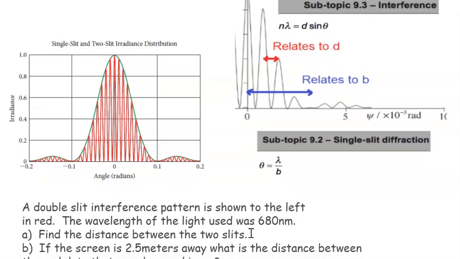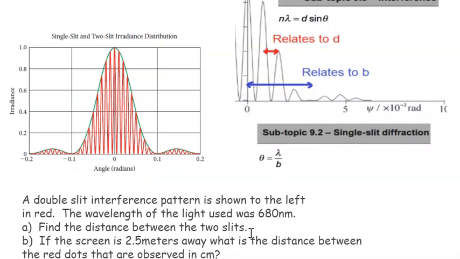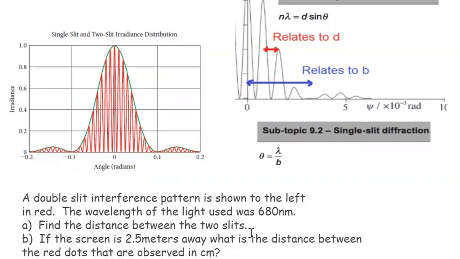For B, if the screen is 2.5 meters away, what is the distance between the red dots that are observed in centimeters? So you could do this with the old SL equation where you had S and capital D and all of that, or you could just realize that on the screen, you're going to have the distance from the screen, which we usually call capital D, and then the distance between the fringes that you're observing on the screen.